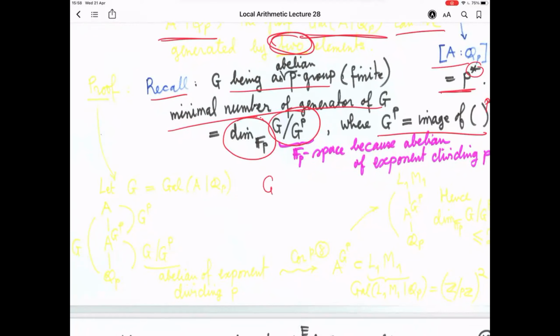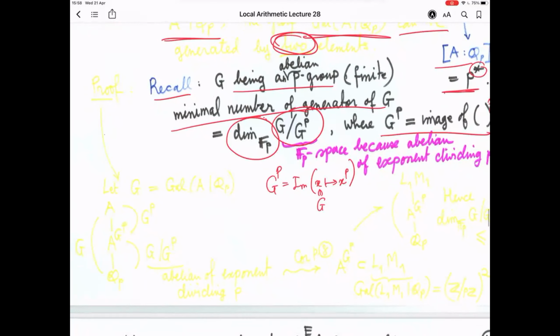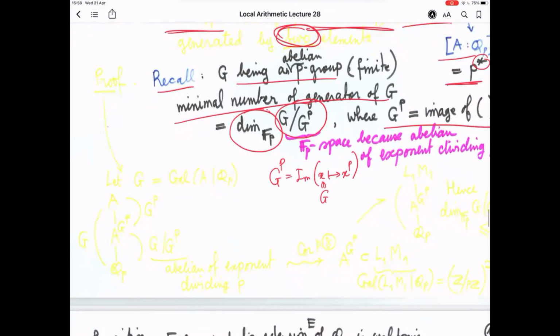G to the power P is equal to the image of the map which sends x to x to the power P, x in G. Okay, so it's a subgroup, right? Because this map is a homomorphism when G is commutative, right?